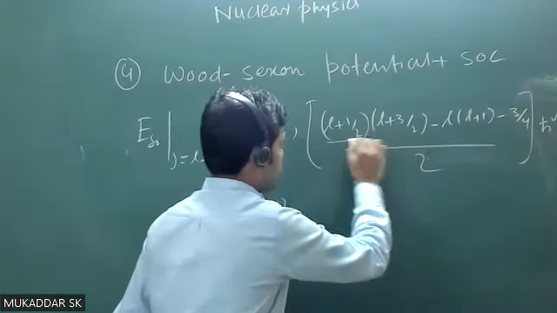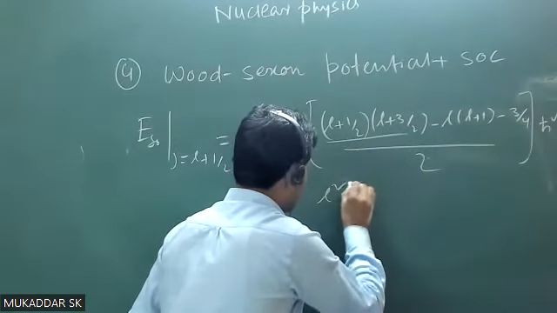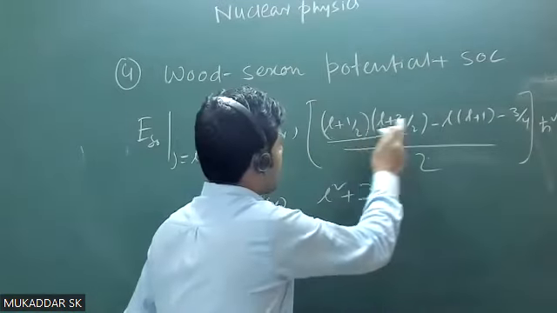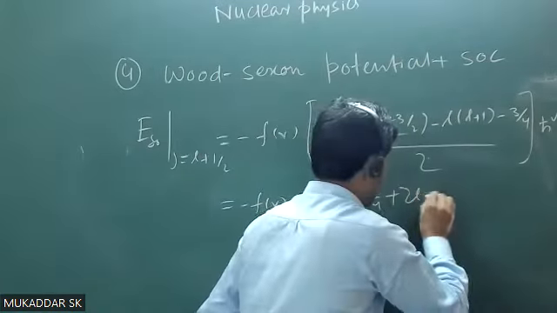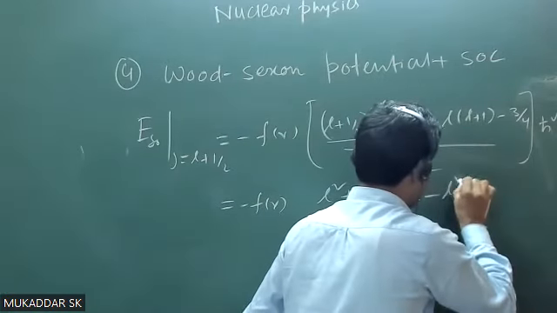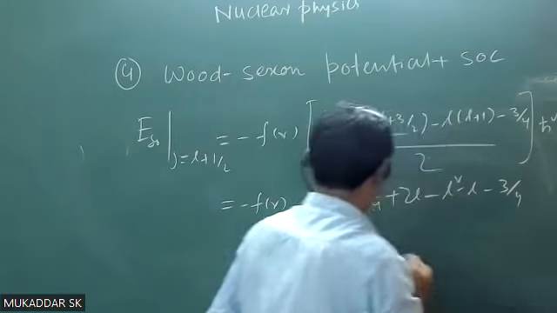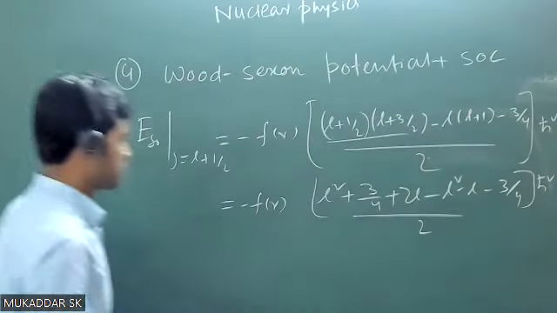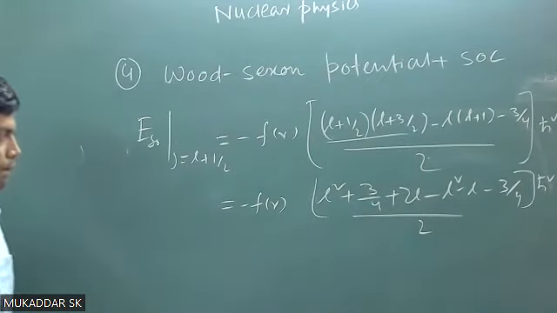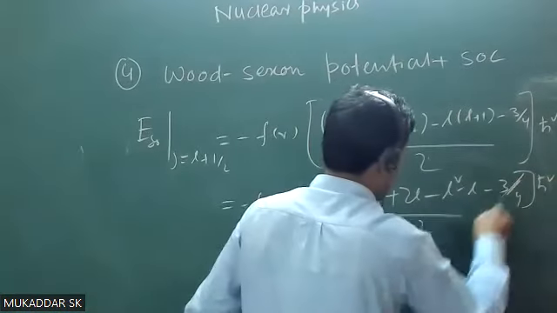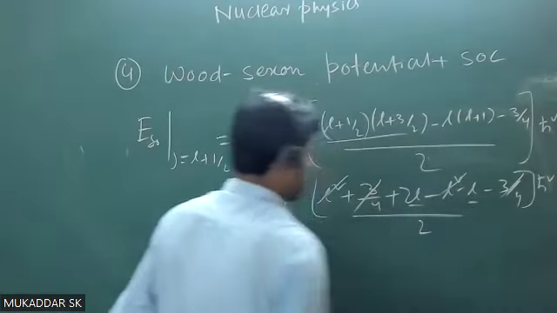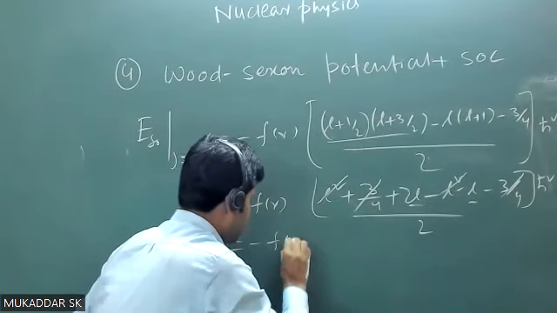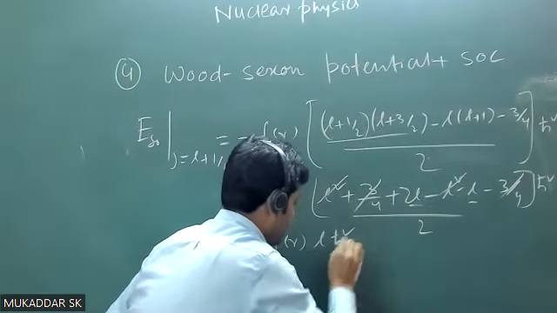Now if you expand this, L into L is L square, then 3 by 2 into 1 by 2 is 3 by 4, and 3L by 2 plus L by 2 is 2L. To expand L into L plus 1, that will be minus L square minus L, and minus 3 by 4. Okay, and then you have H cross square by 2. So the 3 by 4 will be cancelled, L square will be cancelled, 2L minus L will be L. So as a result, minus FR L H cross square by 2. That's really important.